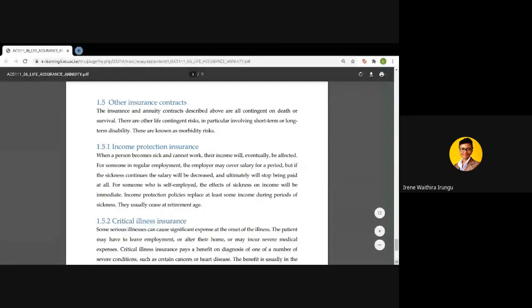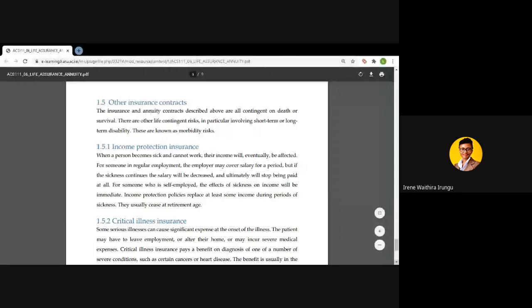So the first one is the income protection insurance. When we speak of income protection, this is when a person becomes sick and can no longer work. Their income will, of course, eventually be affected. For someone in regular employment, the employer may cover salary for a period. But if the sickness continues, the salary may be decreased and ultimately stopped.